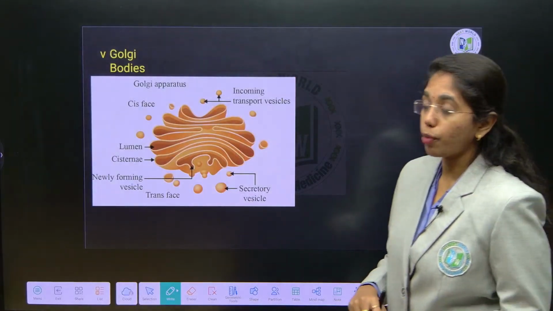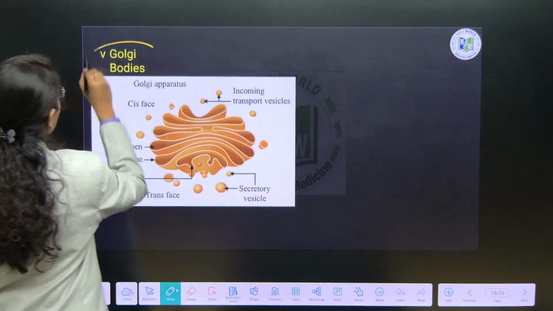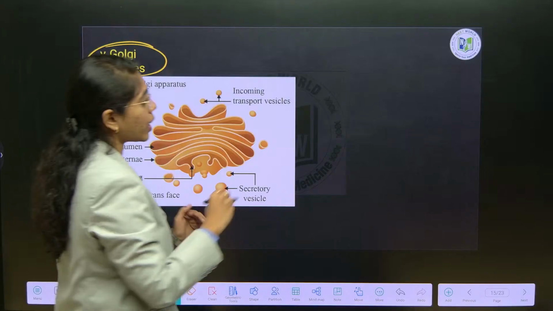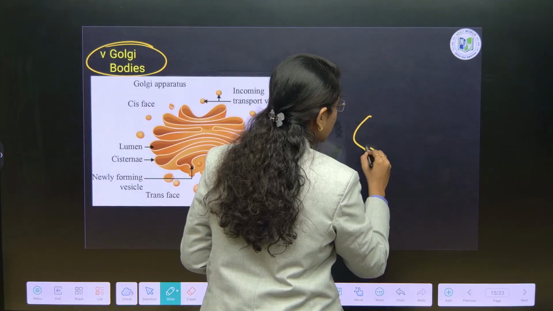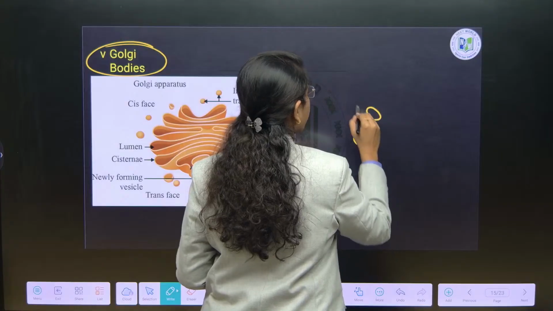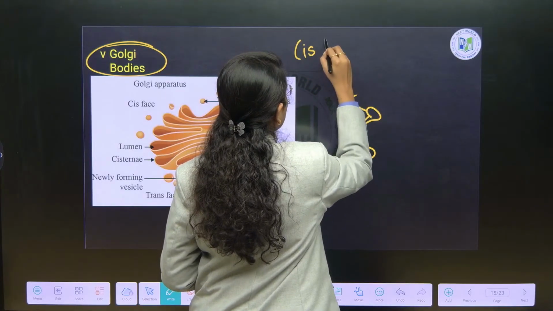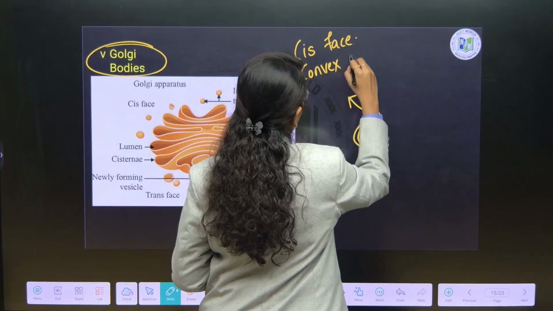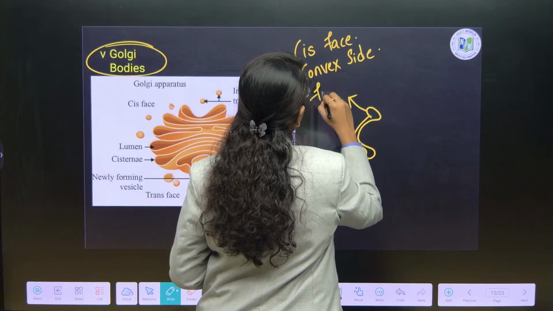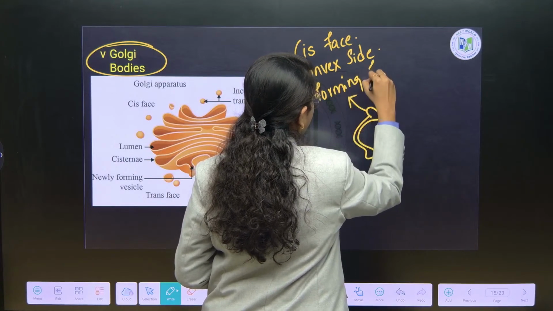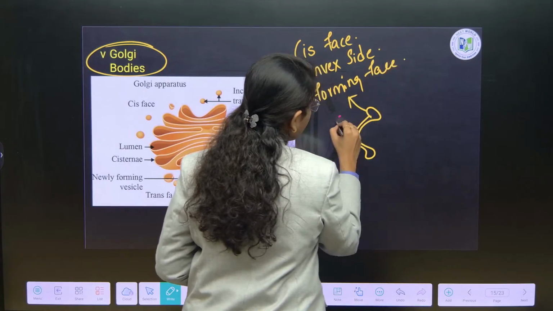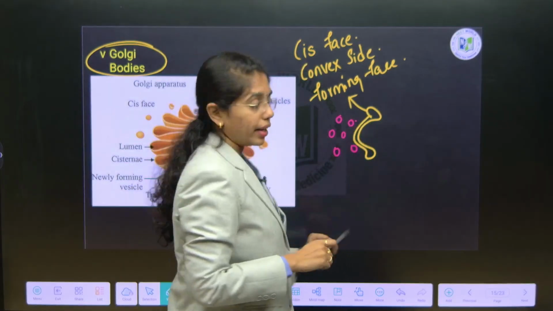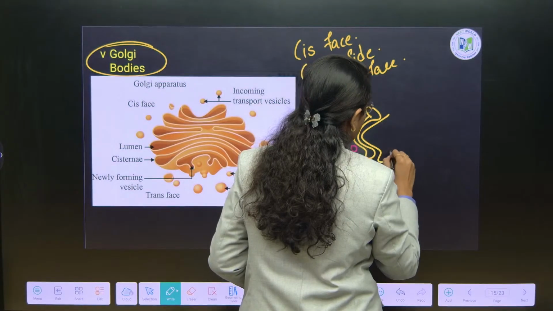Next you see Golgi bodies. In Golgi bodies, if you analyze it properly, the cis phase of Golgi is towards the endoplasmic reticulum. Cis phase of Golgi is the convex or forming phase. Okay. This is also known as cis phase, convex side or forming phase, which will take all the vesicles, both lipids and proteins, and will collect them here.